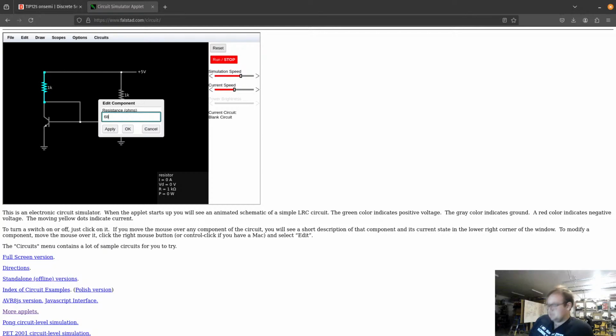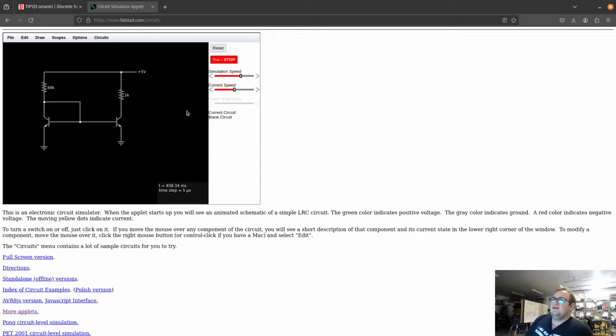So we'll just say 68. Okay, there. So what is going to happen here is that we're applying 5 volts, so we're applying the same voltage across both of these.